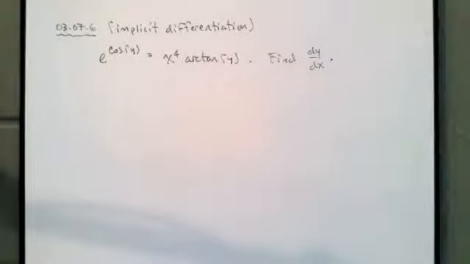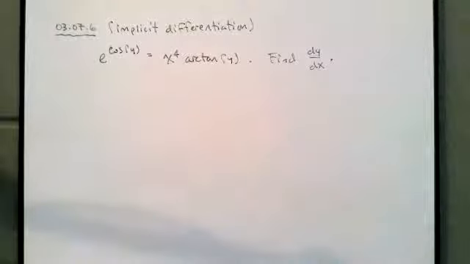So remember our process. We're just going to take the derivative with respect to x all the way through, and then we're going to solve for dy dx. The thing that we have to remember is that when we take the derivative with respect to x, we find the derivative with respect to y and multiply by the derivative of y with respect to x.